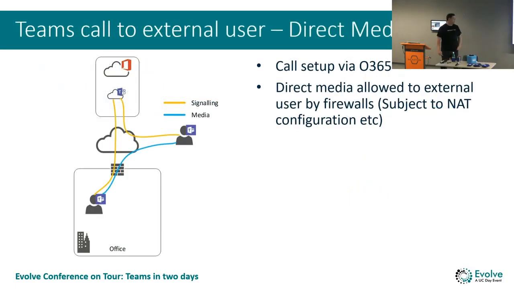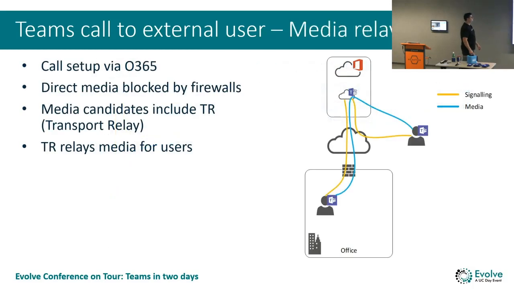If we can't negotiate media direct, or if we've got an internal user and an external user, depending on the configuration of your firewall, it will attempt to negotiate media direct through your firewall where it can, and signaling again through the internet.